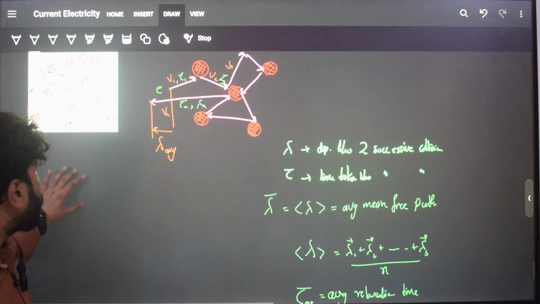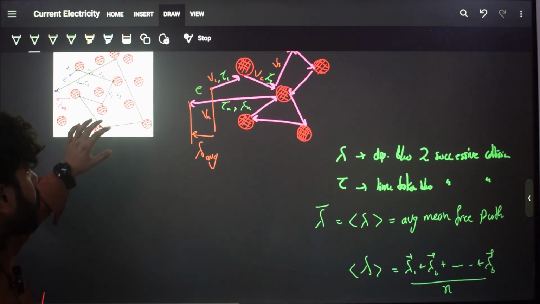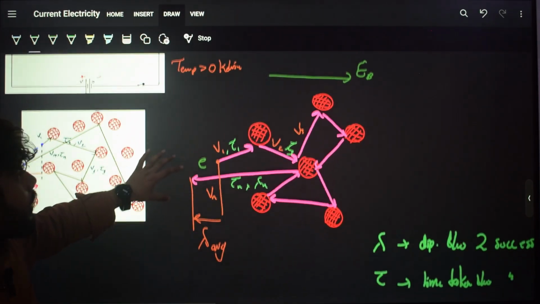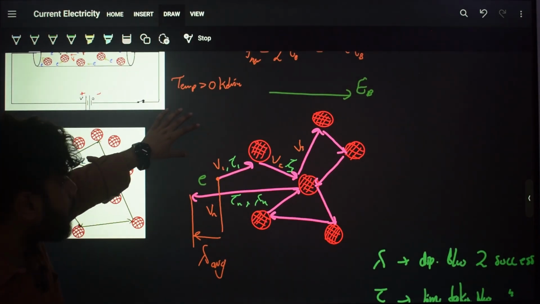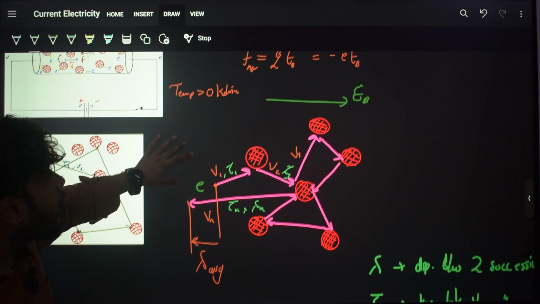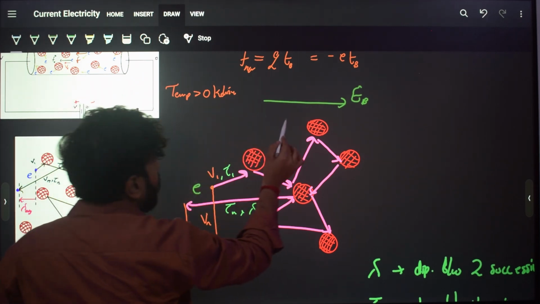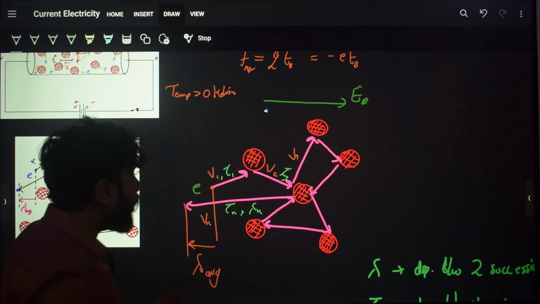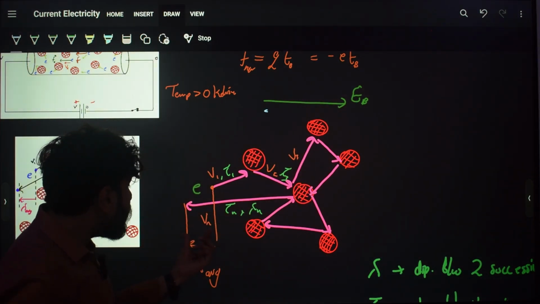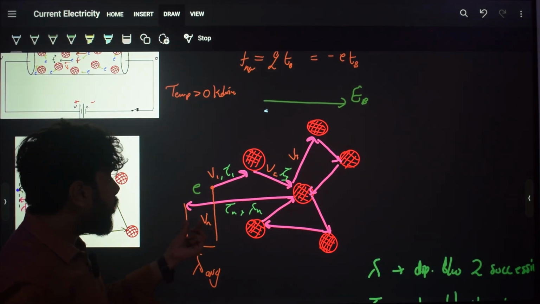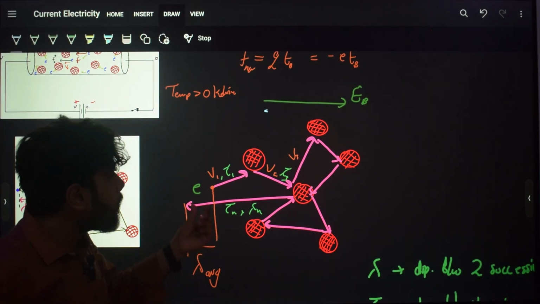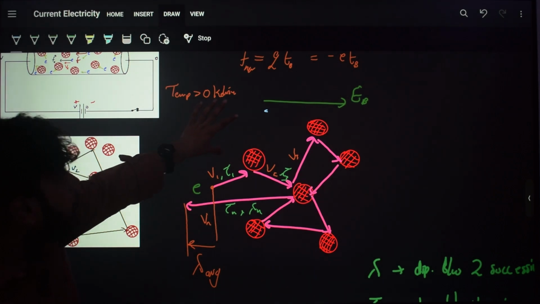So in this picture, again, even though there is thermal energy, because of which it is moving constantly in random directions, there is still a push due to the battery. Even though there is constant collision, it moves a little bit, with a little displacement, in the opposite direction of the electric field.